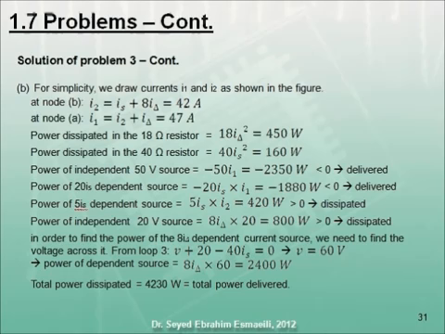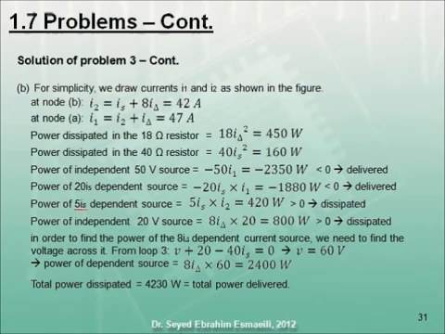The current in the second dependent voltage source is flowing in the direction of voltage drop. Hence, the power equation is written as P equals 5 IS times I2, which equals 420 watts. A positive power means that it's being dissipated.